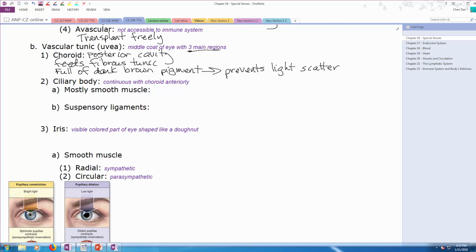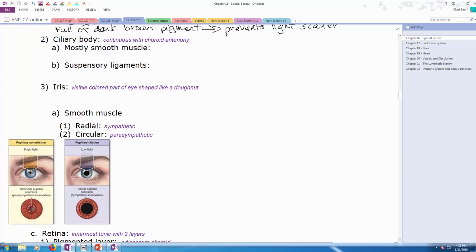The ciliary body, going anteriorly, is continuous with the choroid. It is mostly smooth muscle. Its processes secrete the aqueous humor.